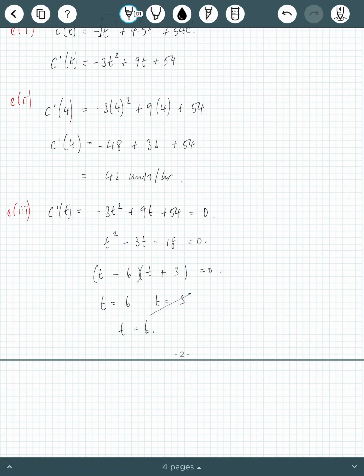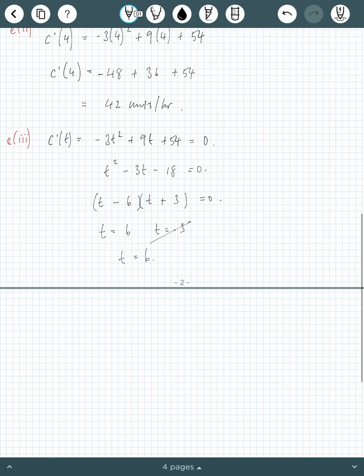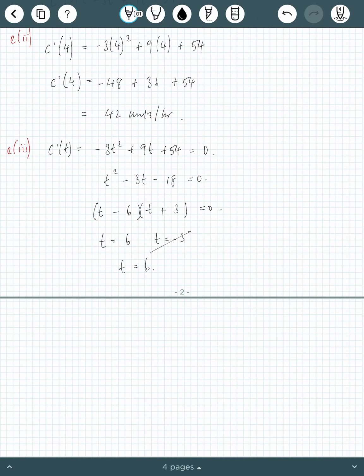Now, part III. Oh sorry, no, they want to find the max amount of drug. So you substitute that back into your original function, which is minus t cubed plus 4.5 times t squared plus 54.